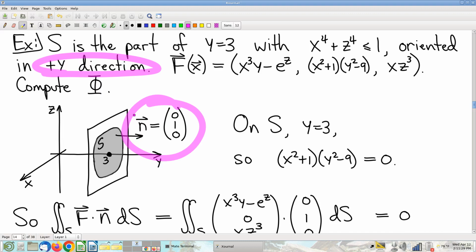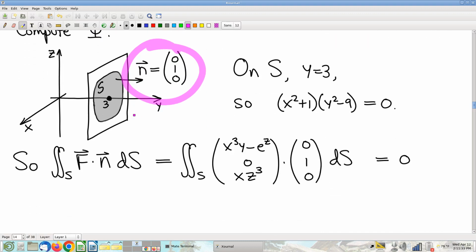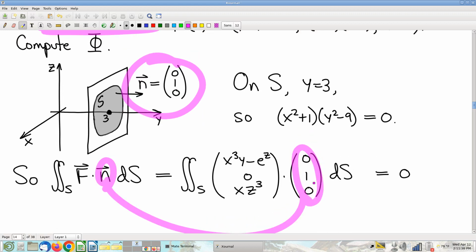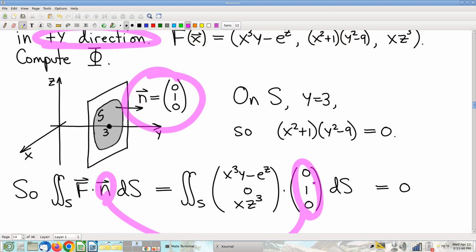There's my orientation unit normal vector. So I get to write that down immediately. Now, it's not clear how this dot product's going to work out and whether this is going to be beneficial. I might still have to end up parameterizing, but let's play with this. Let's see where it goes.